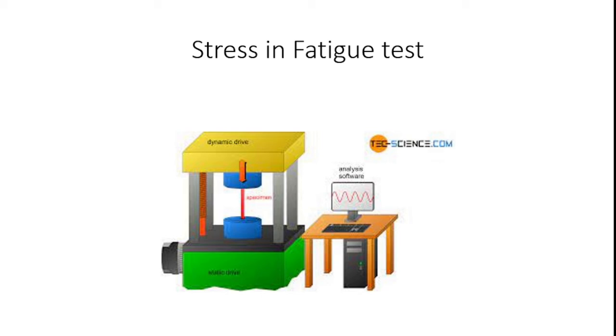Other terms used to describe a fatigue stress include mean stress, stress range, and stress amplitude. We should be aware of how the stress curve is represented. The range means the stress variation between the extremes, and amplitude means the stress variation between the mean stress and one of the maximums.